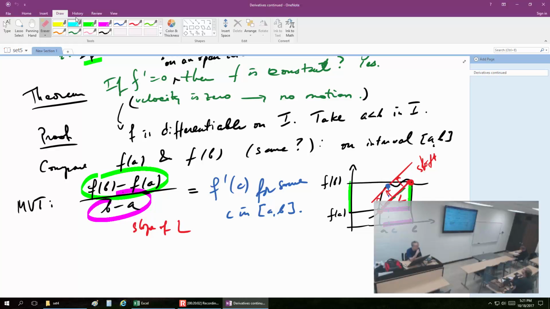What does it say? Right there at the top, this one.